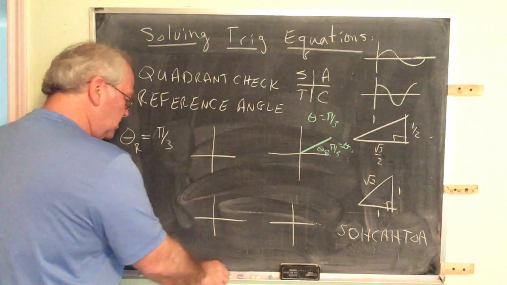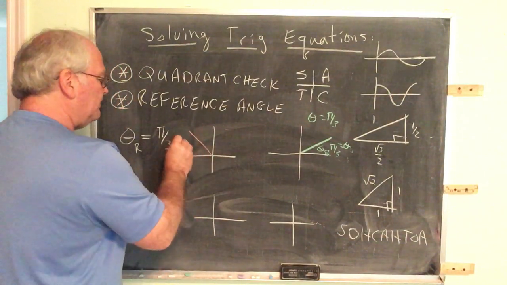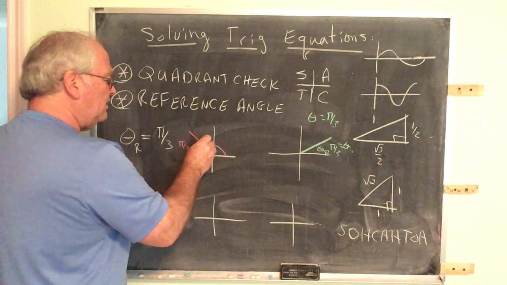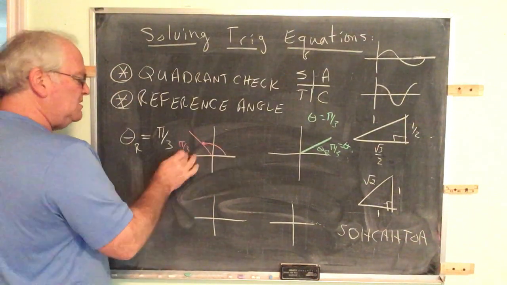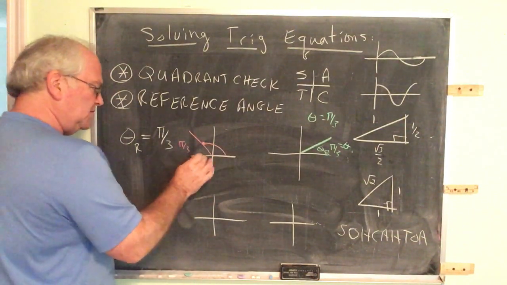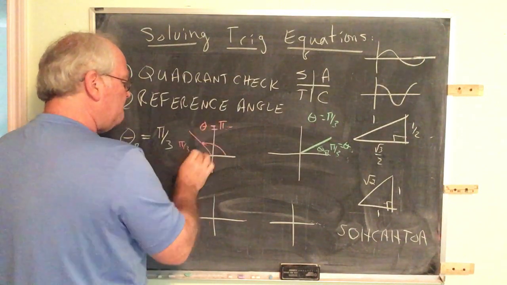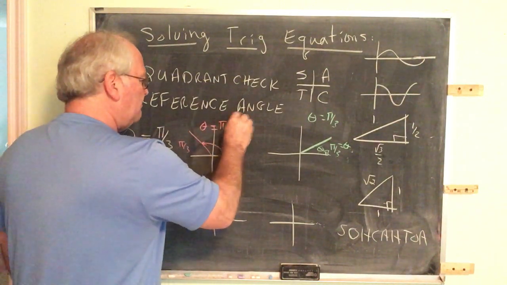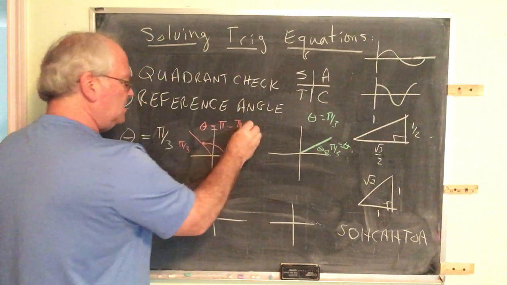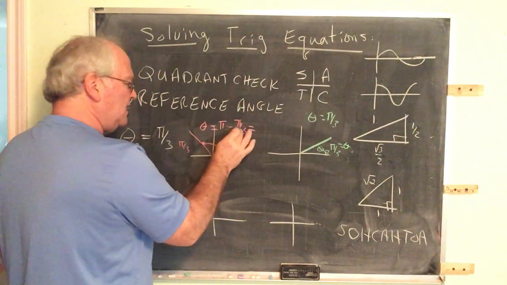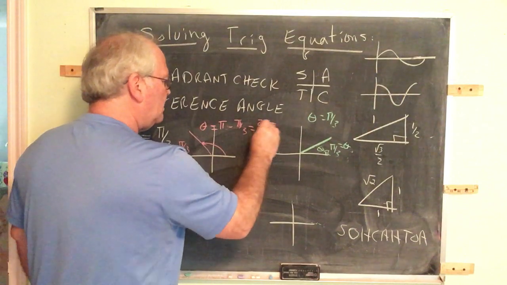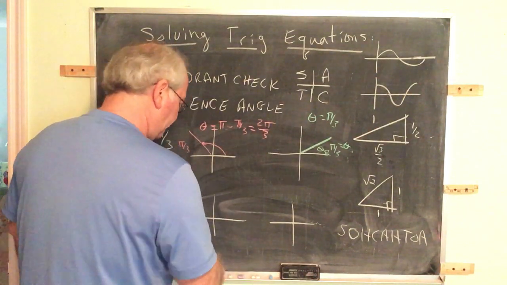In quadrant 2, if this is pi over 3, then that's the angle we want, which is half revolution. So this is theta, pi minus pi over 3. That's 3/3 minus 1/3, which is 2/3 pi.